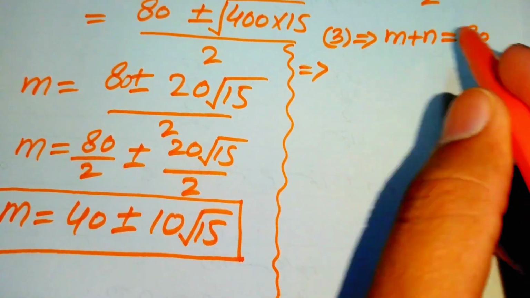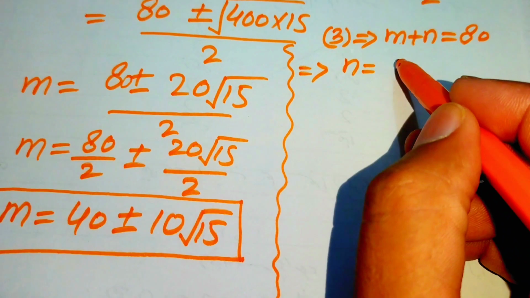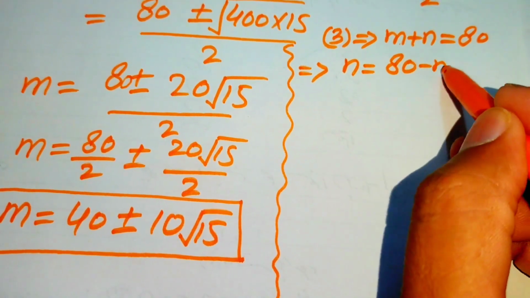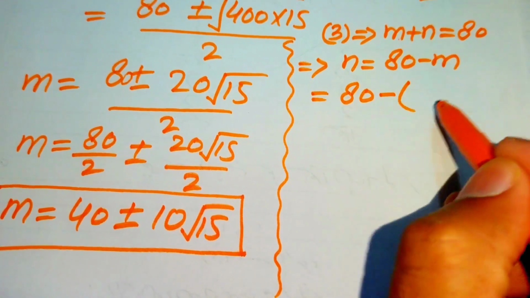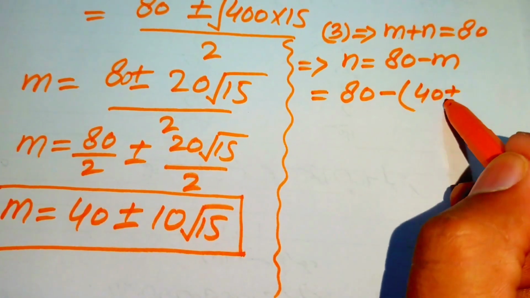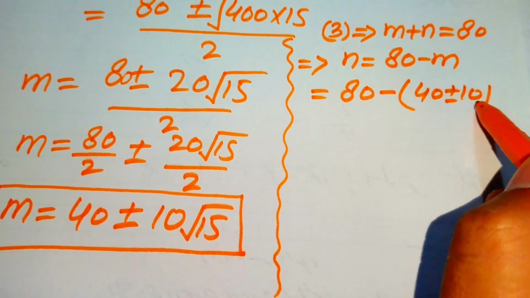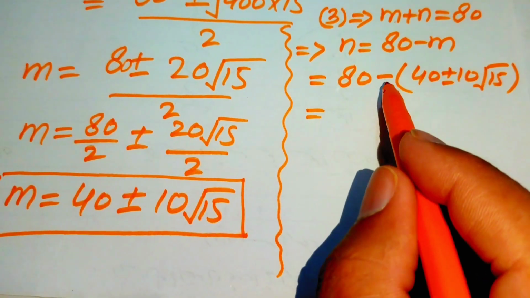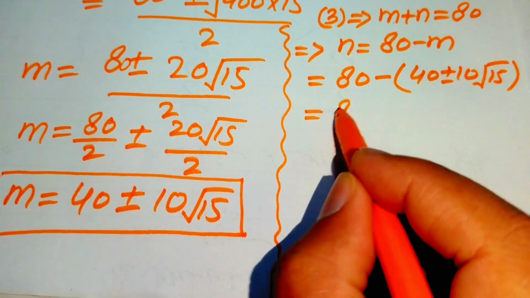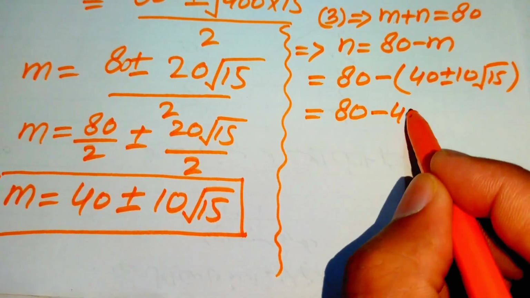So first we move this m to the right hand side, and it becomes n equals 80 minus m. So we get 80 minus the value of m, which is 40 plus minus 10 times square root of 15. So now we multiply this minus sign on both of these terms, and we get 80 minus 40.